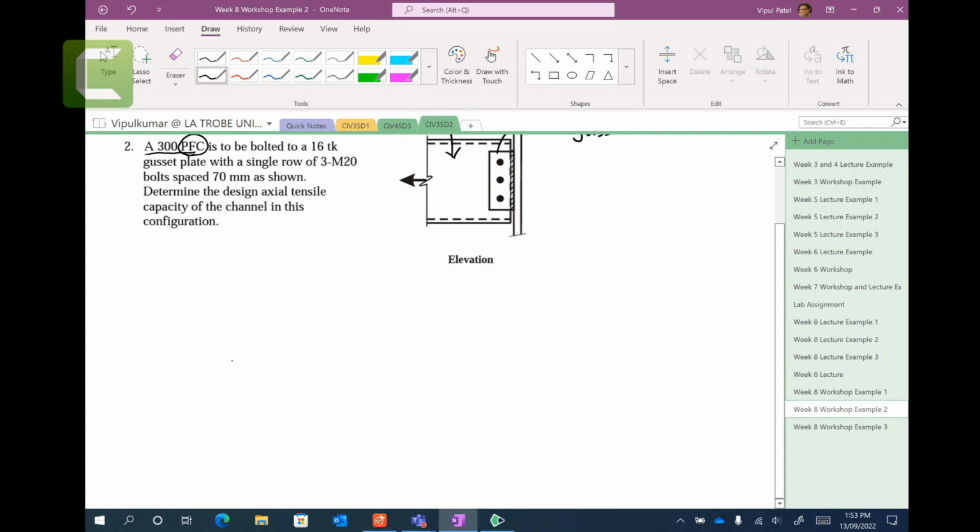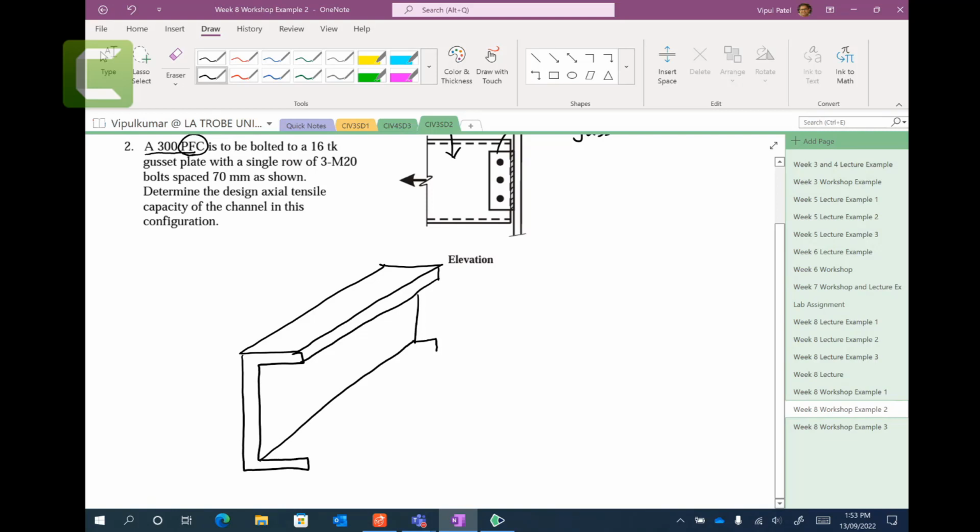PFC means that you have a channel. So that is the flange. This is flange and this is flange, and there are two parallel flanges. So that is called PFC, parallel flange channel.